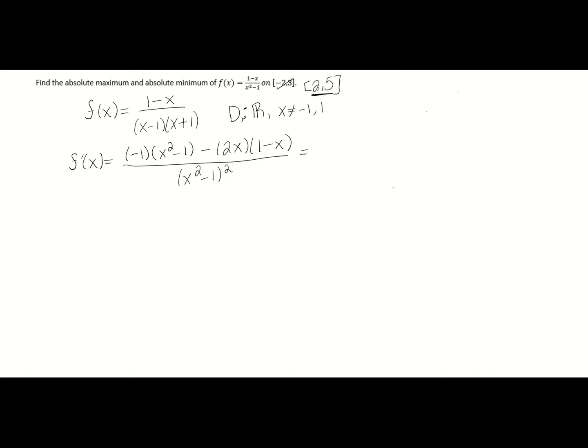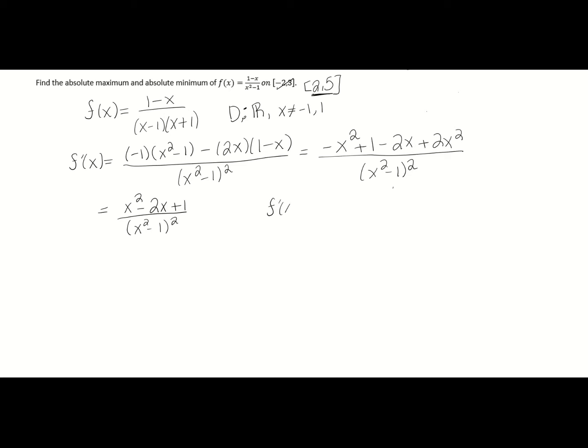So I'm going to clean up the top and distribute the -1. So -x squared plus 1 minus 2x plus 2x squared, all over x squared minus 1 squared. I'm going to combine some like terms. That's going to give me a positive x squared minus 2x plus 1 all over x squared minus 1 squared.